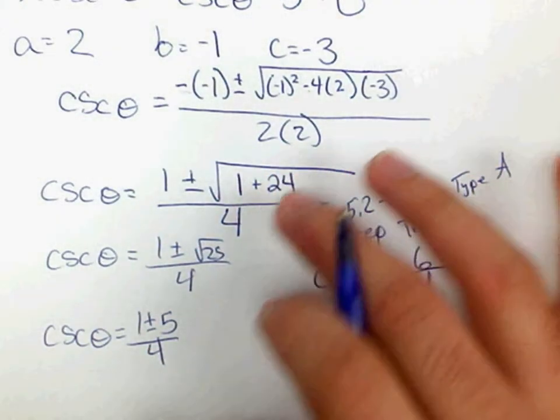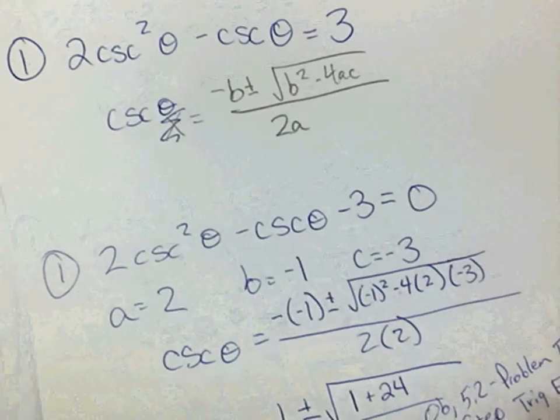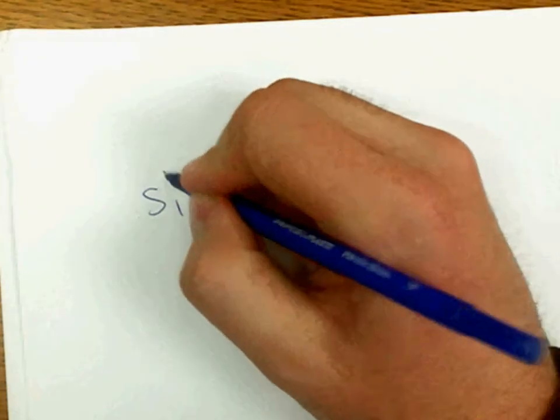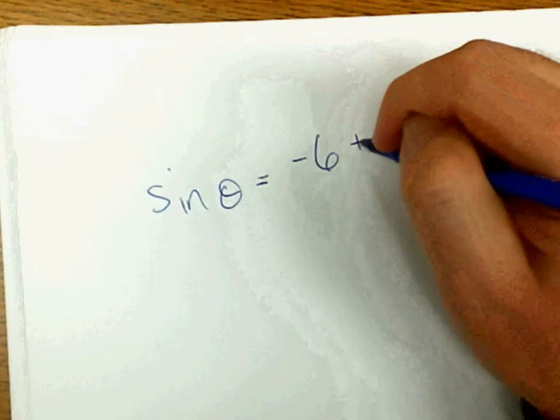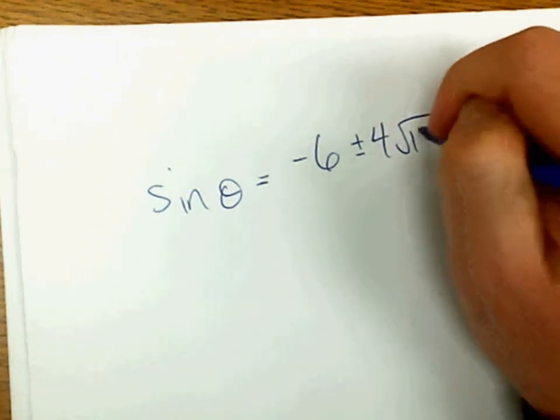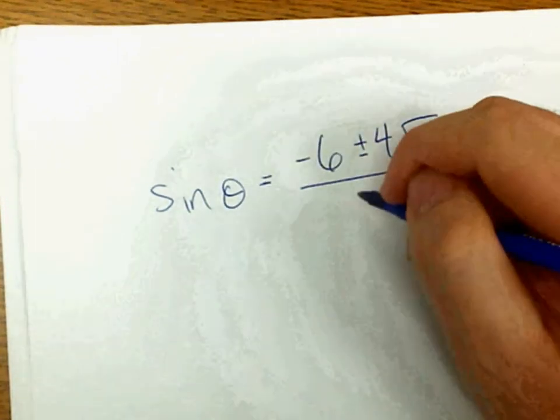So, what would happen if you ended up with a problem that looked more like this? Sine theta equals negative 6 plus or minus 4 square root of 11 over 10.